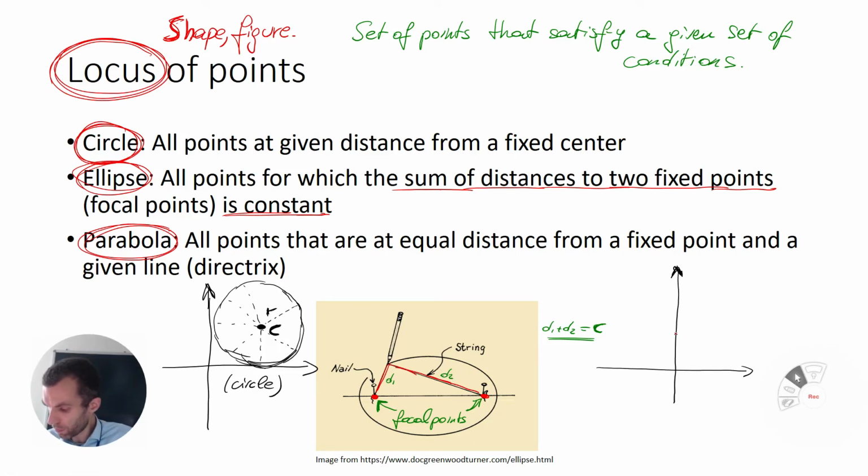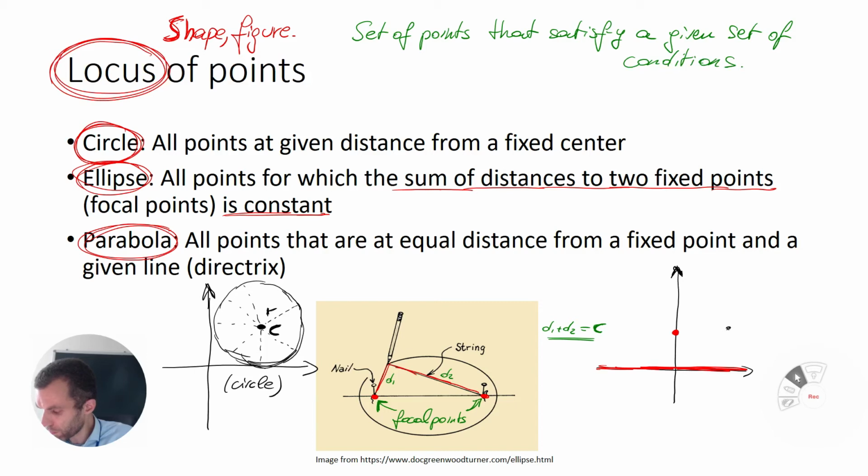we take a point here on the y-axis, and we take a given line. Let's take the x-axis. Then what we want basically is all the points that are at the same distance from this point as from this line.